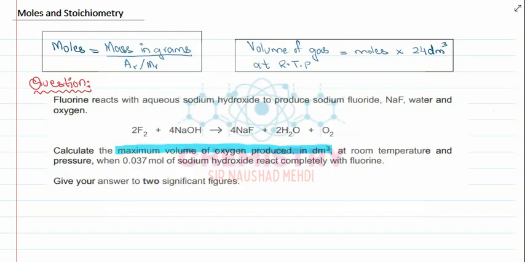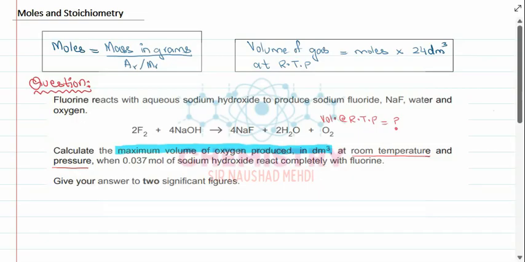In the equation, find out where oxygen is; in the products you will find it. They are asking for the volume of this oxygen gas at room temperature and pressure. So this is the unknown.